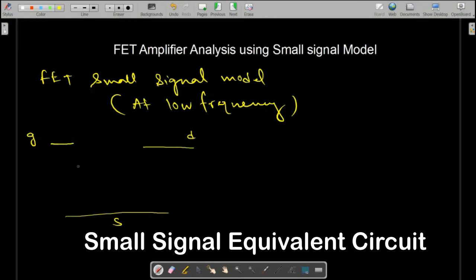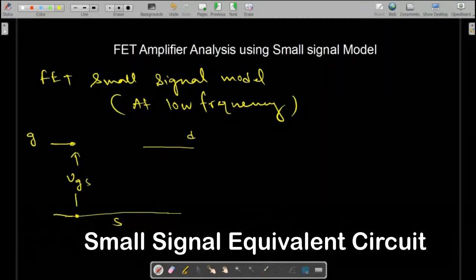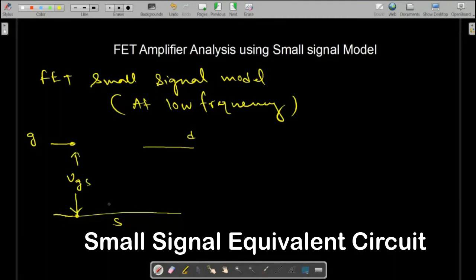The resistance between gate and source is very high, so we can consider it an open circuit, whether it is JFET or MOSFET. When one impedance value is very high, we can consider it as an open circuit.